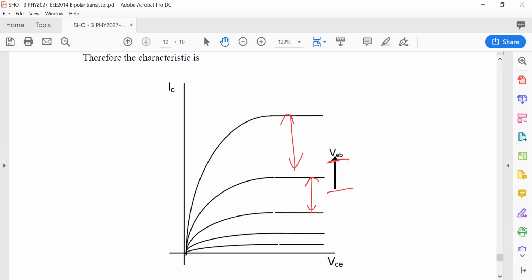That's what these characteristics are showing, and that's the purpose of the equations and the numerical example we've just done. This is the type of plot that you would see in a textbook. It's a plot of the collector current as a function of the collector emitter voltage, or one of the ones that you would see at least.